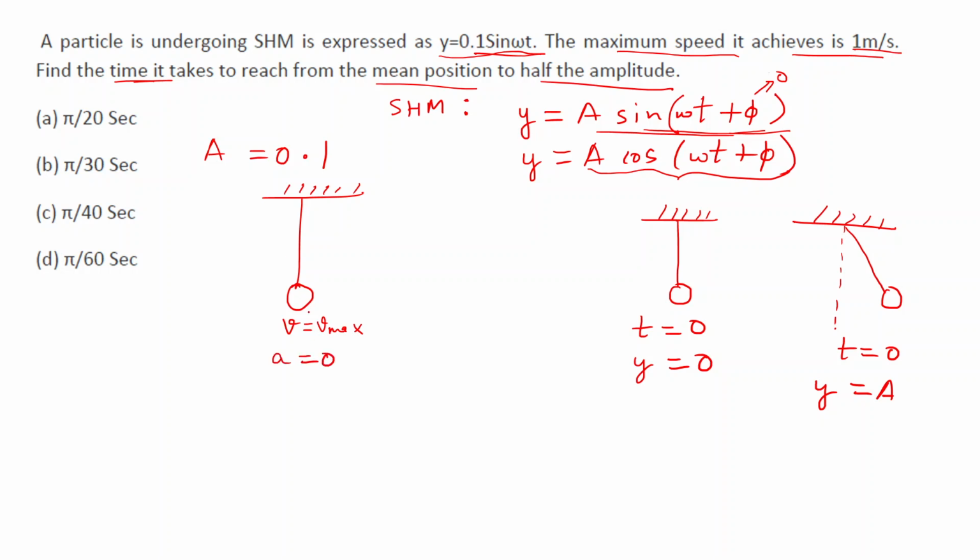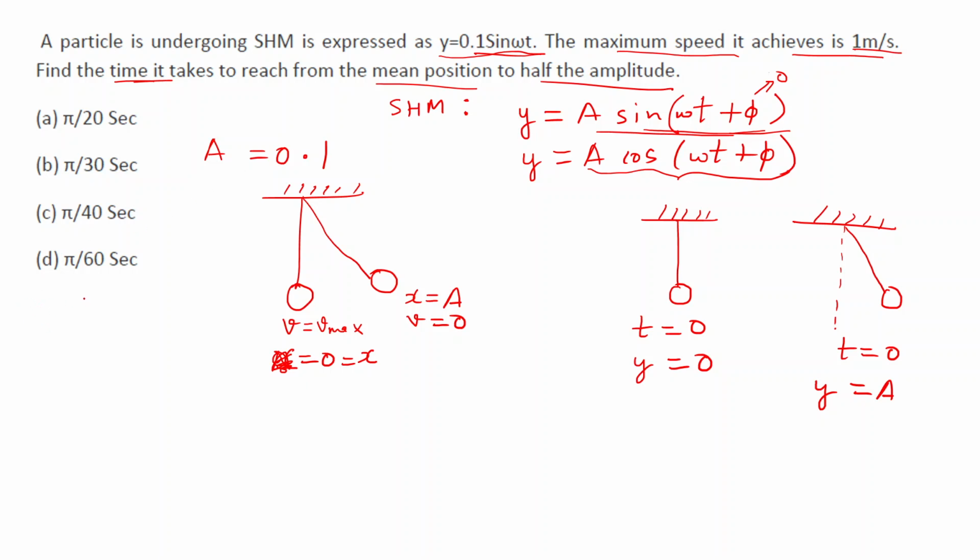I'll use x to denote the displacement. Displacement here is 0, whereas when it is at this position, the displacement is maximum and the velocity is 0. So we have to find out the time it takes to reach from the mean position to half the amplitude.